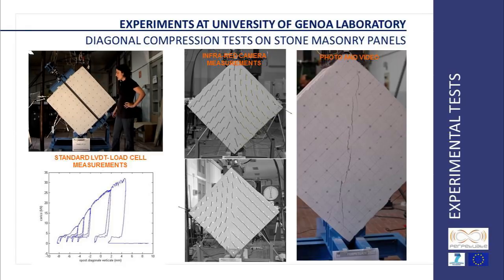The infrared camera is a very innovative system for catching the displacements, and it's very easy to use, and it makes us able to monitor during the test a very large number of points. We choose this system because, besides the structural behavior of the panels, we want to monitor the behavior of the plaster applied on it.